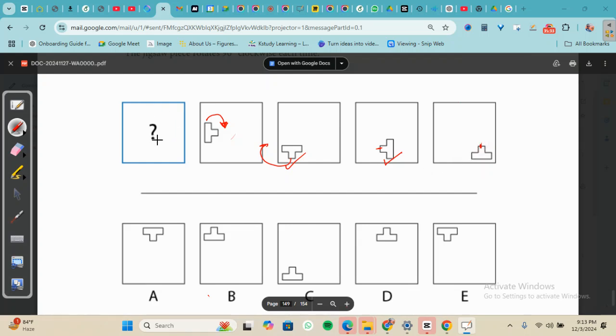So that means if I want to get the first one, I will only need to move this one in anti-clockwise direction to get the shape here.